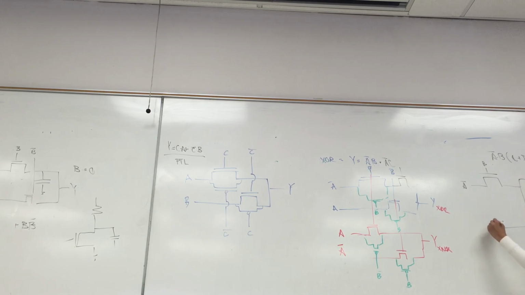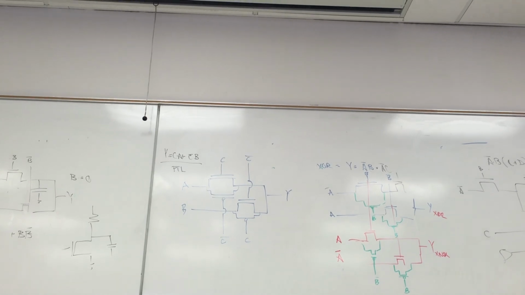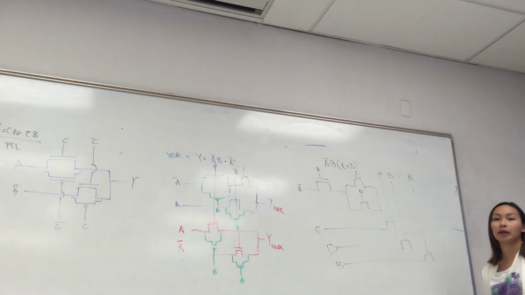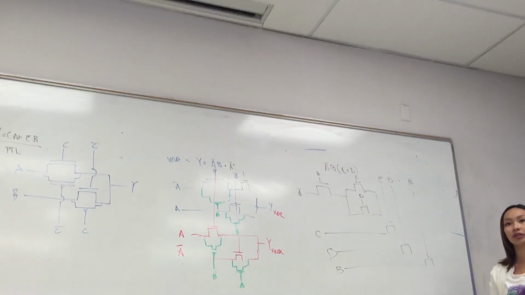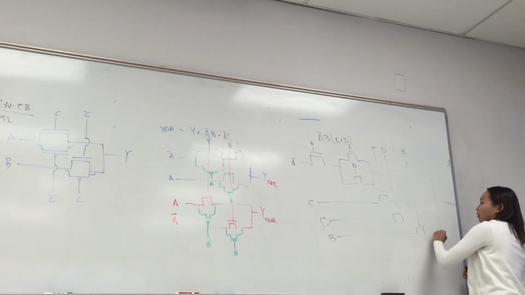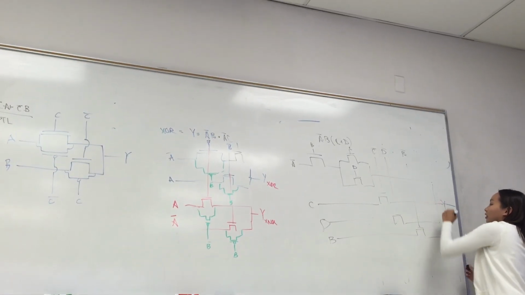Yeah. So then you're going to have to have C bar, and you're going to have to have D bar, and then you're going to have B, B bar. And you can fix that capacitor charging issue. And that all equals Y.